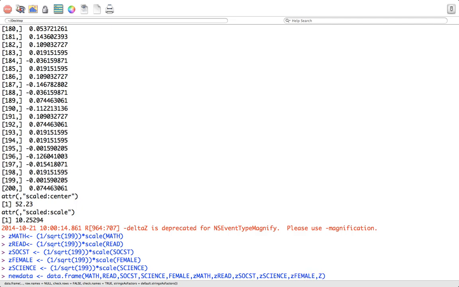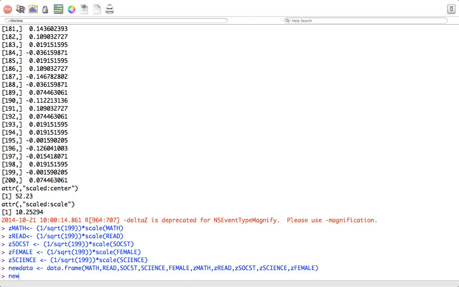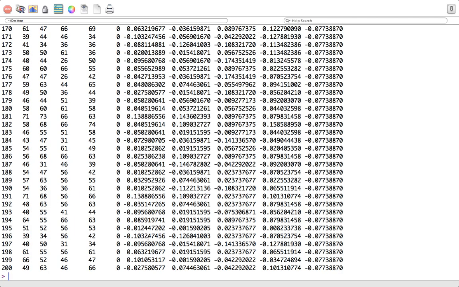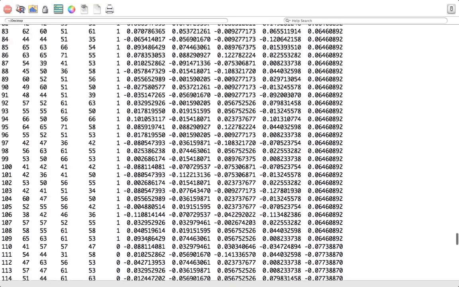And that's it. So do new data, and we can examine our data if we need to.